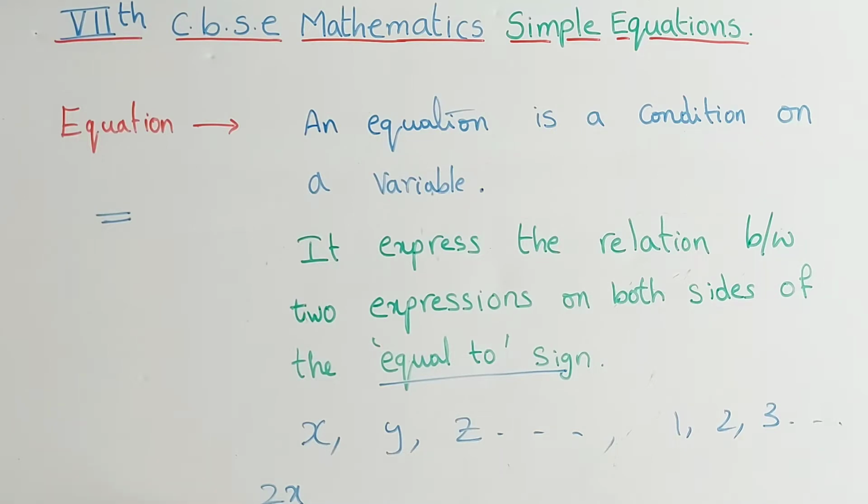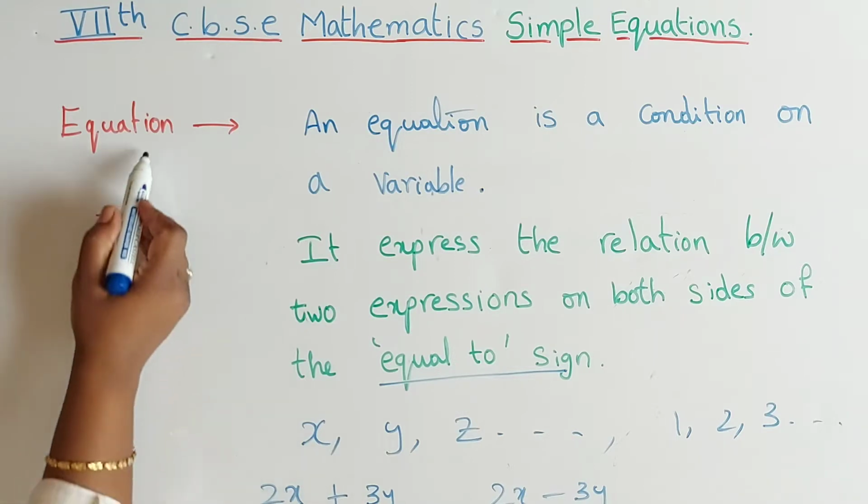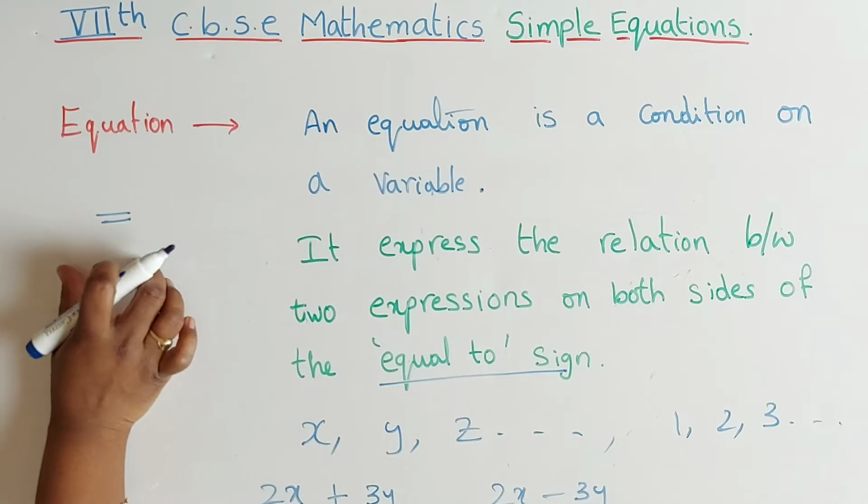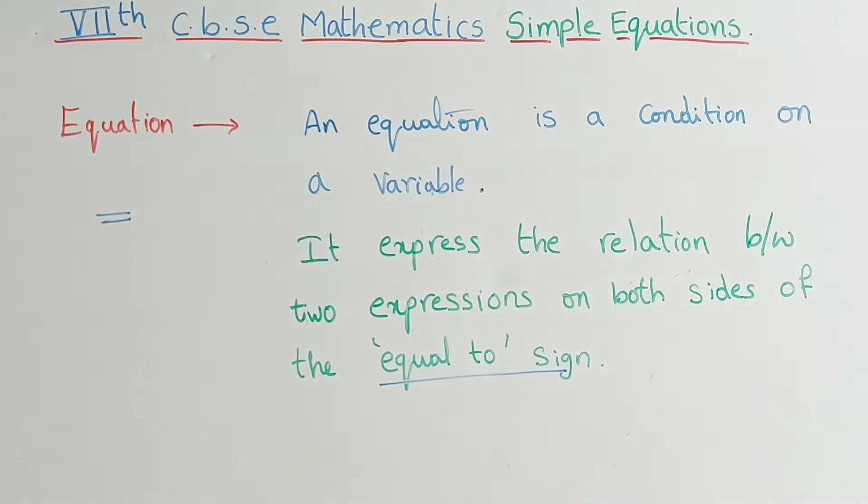Now a combination of terms with arithmetic operations, like 2x plus 3y or 2x minus 3y, with the arithmetic signs plus, minus, multiplication, division, these are called expressions. Now coming to an equation, it always has an equal to sign. Now see one example, children.